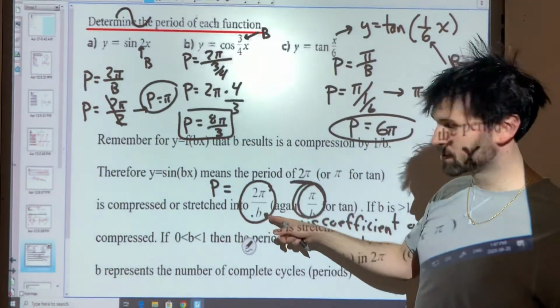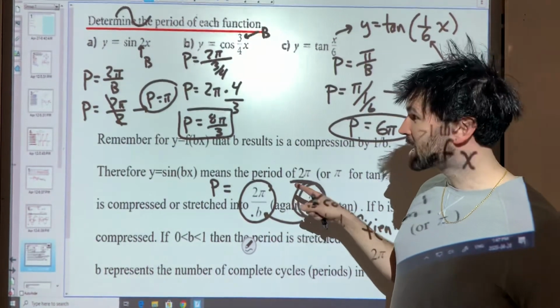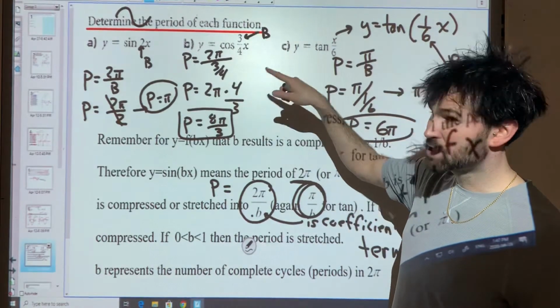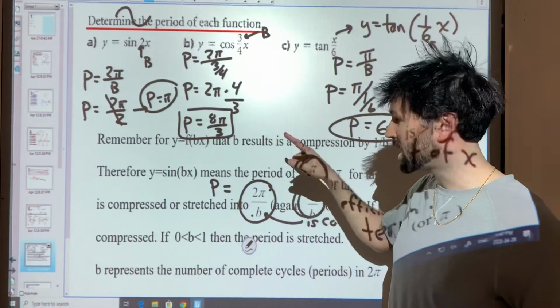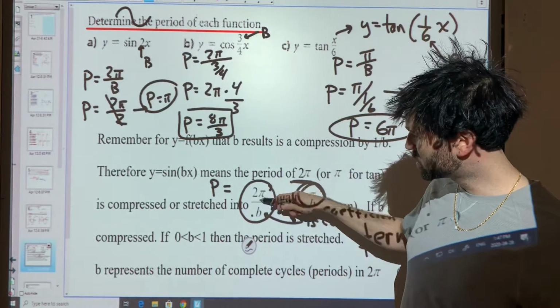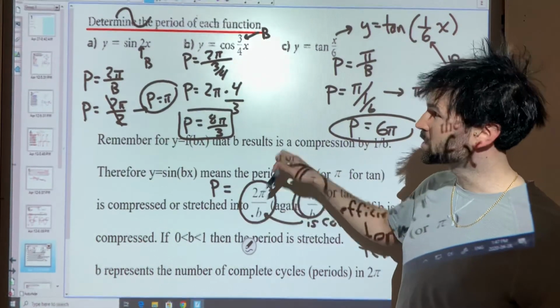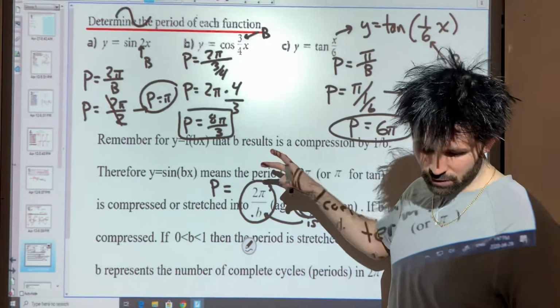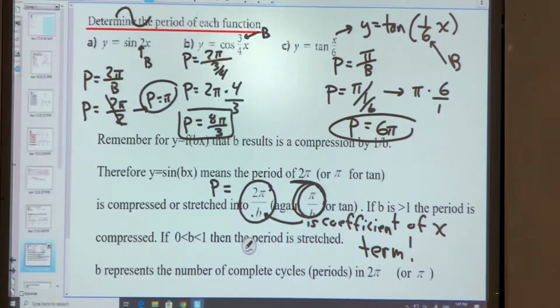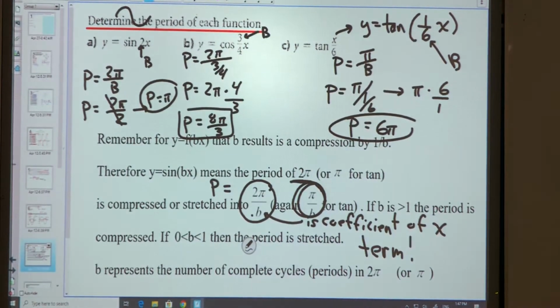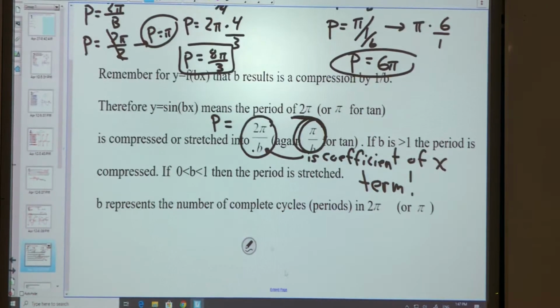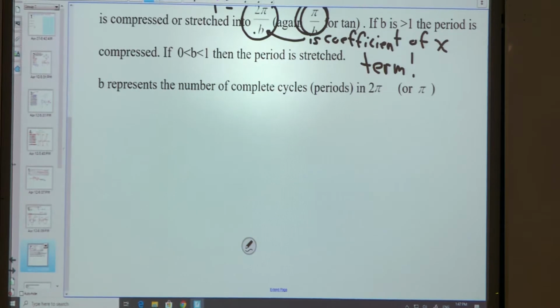What b tells you is how many times the shape happens in 2 pi units, so how many cycles you get in 2 pi units. I'm going to write it out, because it's one thing to say it, it's another to write it. So down here we go.